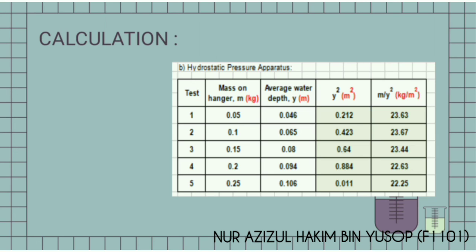For y power 2, we calculate average water depth power 2 and put it in column number 4. For m per y power 2, we take the mass on hanger divided by average water depth power 2 and we get the data calculation.